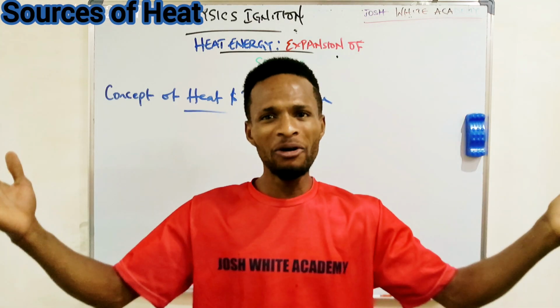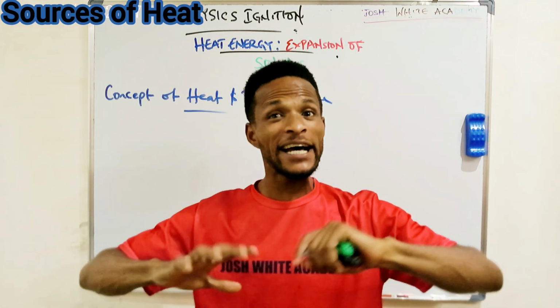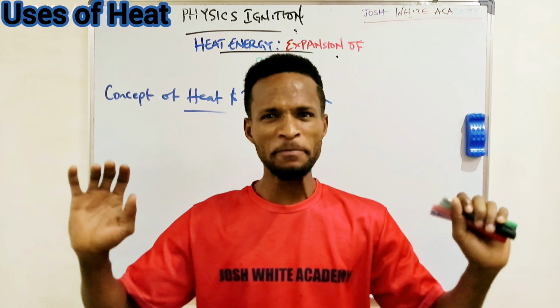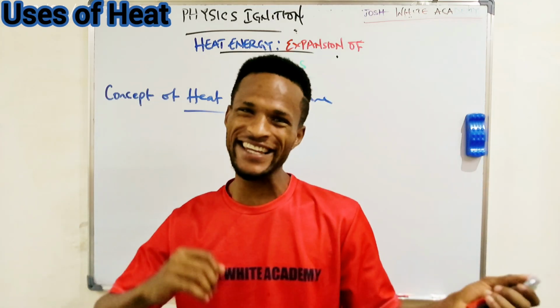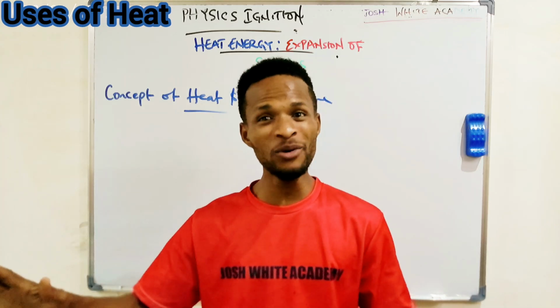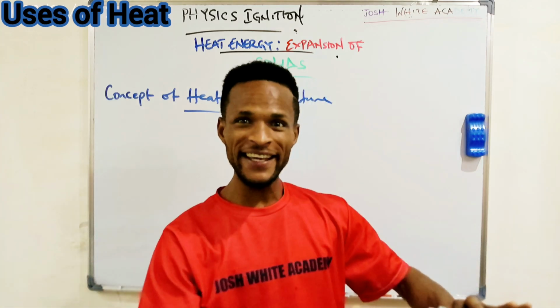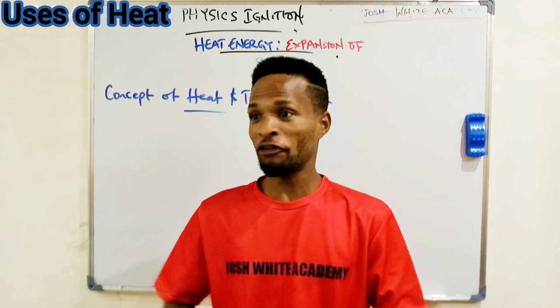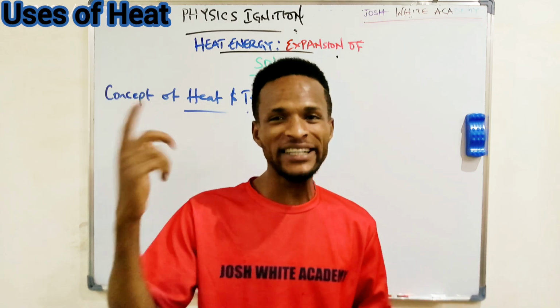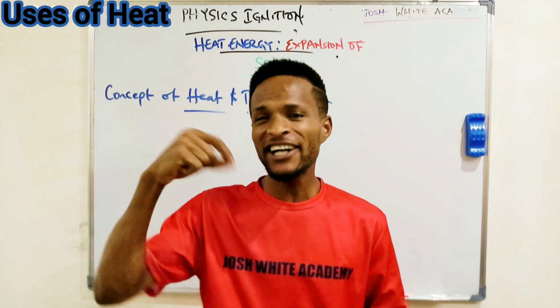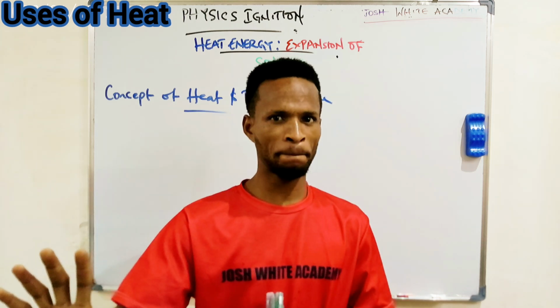So all of these can produce heat, and heat can be used for different things, like in laundering purposes, like in ironing our clothes. Heat can be used for cooking. Heat from coal can be used to power trains. So you see, heat is actually a form of energy.